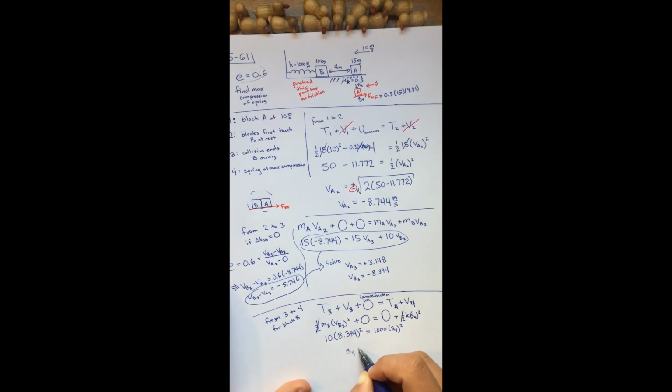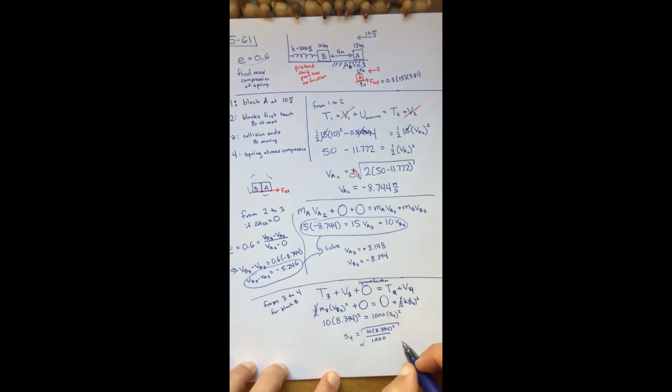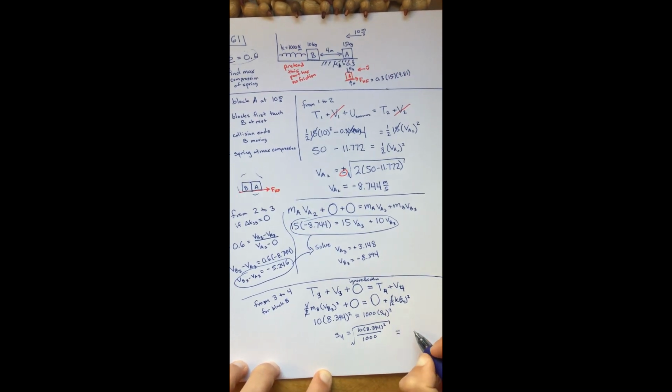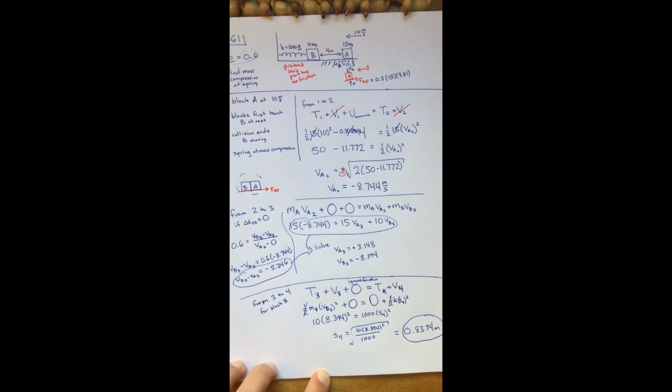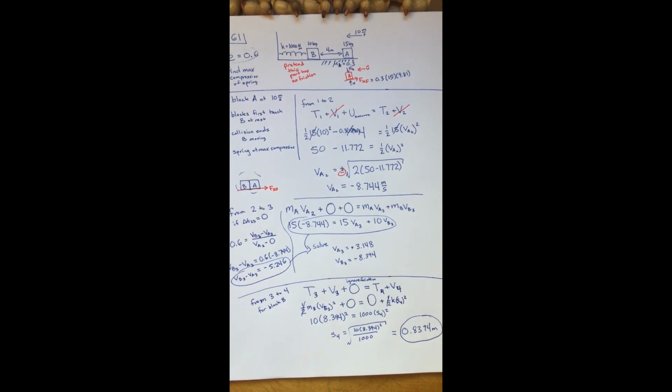So S4, which is what I'm looking for, is 10 times 8.394 squared divided by 1,000, and then take the square root. And that gives us 0.8394 meters, and that is the maximum compression of the spring. So that concludes problem 61.